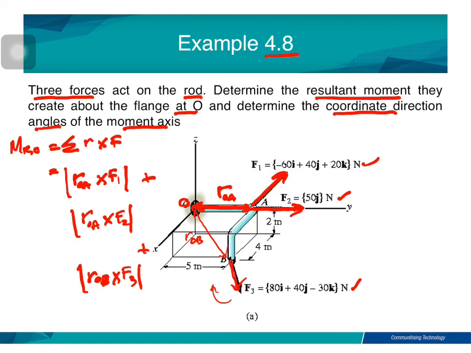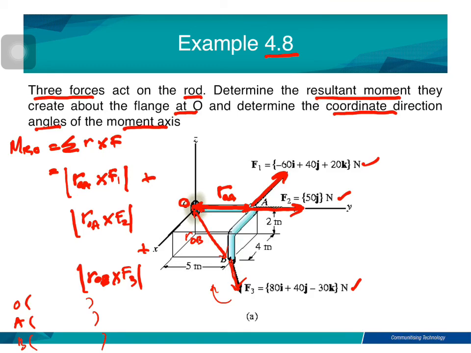So the next step is to get what is ROA and what is ROB. You need the coordinate of O, the coordinate of A, and the coordinate of B. Then you can have ROA and ROB.